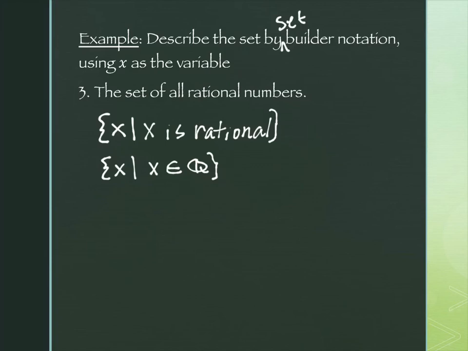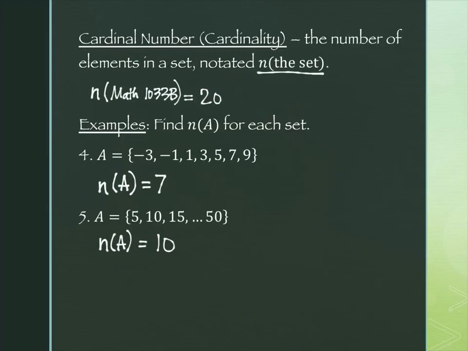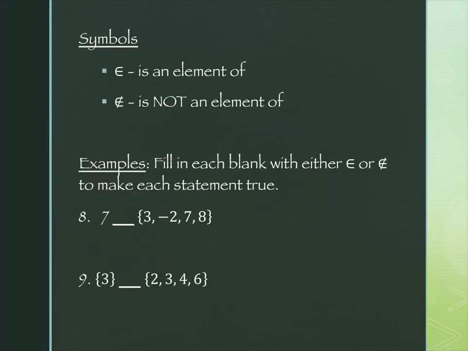All right, I think we have just a couple of things left to look at and we'll be finished. The example we're going to do right here has to do with filling in the blank to decide if something is or is not an element of what comes next. There's one tricky thing that happens here, which is why I put this specific example in. On number 8, there's a 7 on the left and a set with some stuff in it on the right.